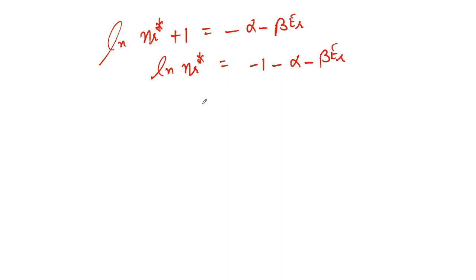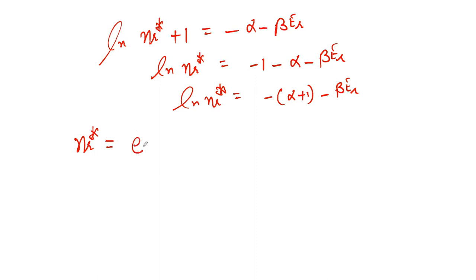This nr star is the number of distribution set at the most probable distribution, which has the maximum value, when the temperature between all the systems is constant.